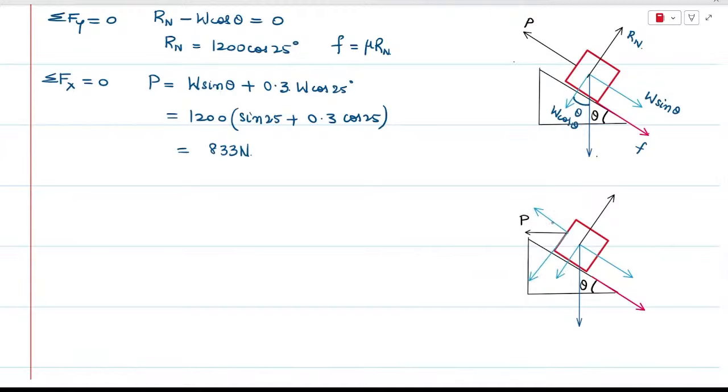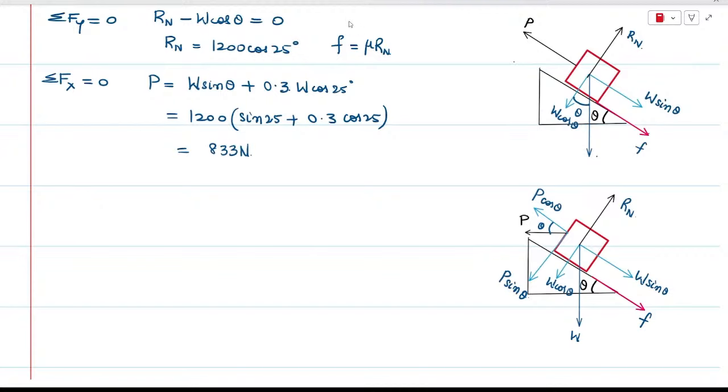So this is theta, and this would be P cos theta, and the normal component would be P sine theta. So this would be W sine theta, this would be the friction force, W cos theta, and Rn will also be there.